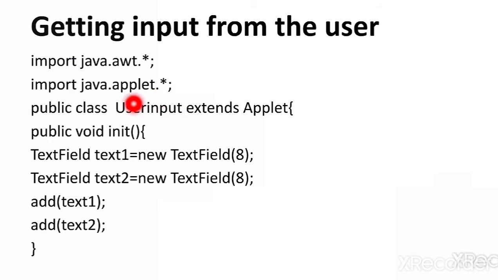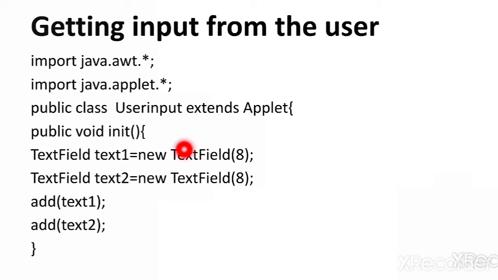And then I'm declaring a class called UserInput, which extends the Applet class. Within this class, I'm overriding the init method of an applet, whereas in the previous program, I have not used the init method because I'm not doing any initialization. Okay, so let us see what initialization we are going to do.